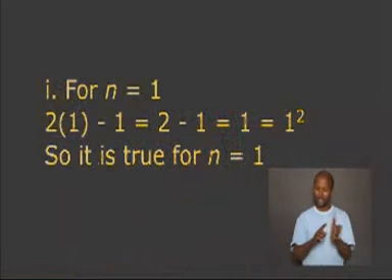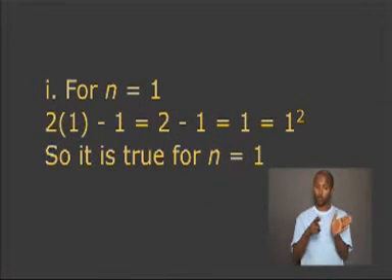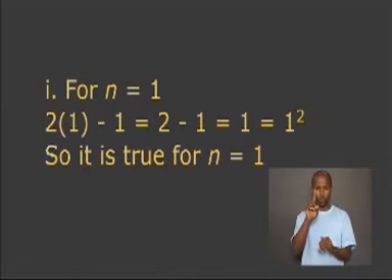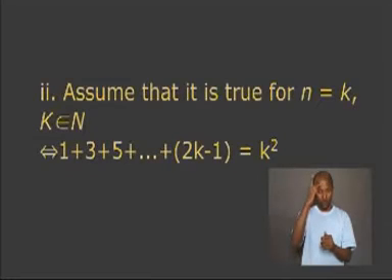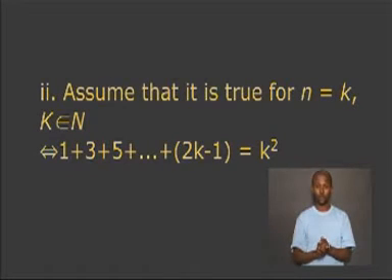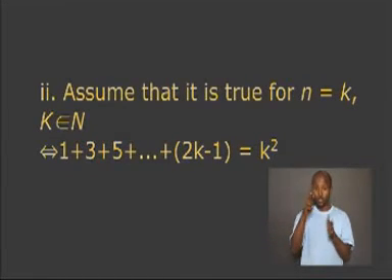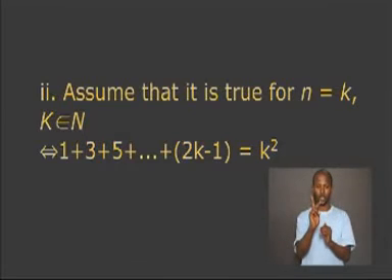It is clear that the rule is true when n equals 1 because 1 is equal to 1 squared. Let us assume that the rule is true for n equals k when k is a natural number.